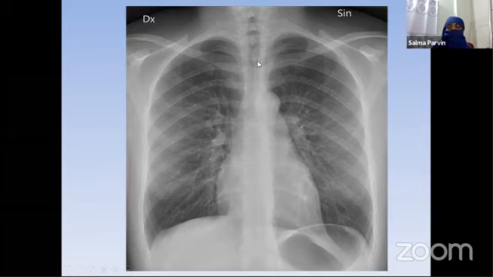In a normal chest X-ray PA film, we measure the distance of the medial ends of the clavicle from a line drawn over the dorsal spines in the upper chest, right? So we can make a line over here and make sure that both clavicular medial ends are equidistant. They have the same distance from the line drawn over the dorsal spine.